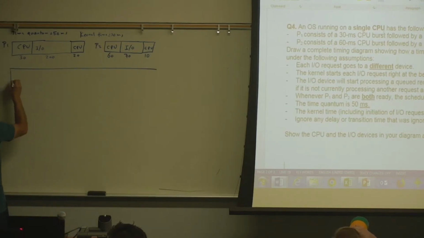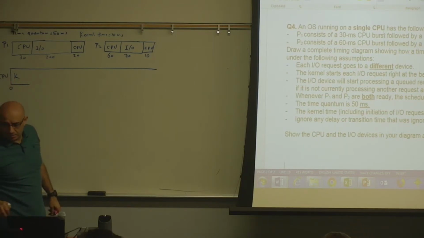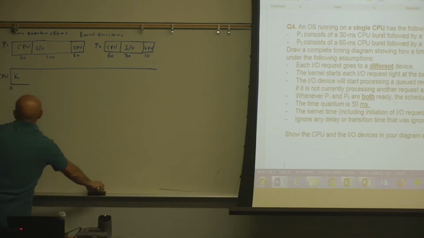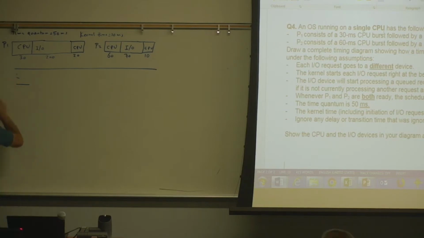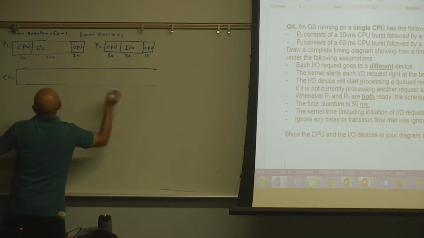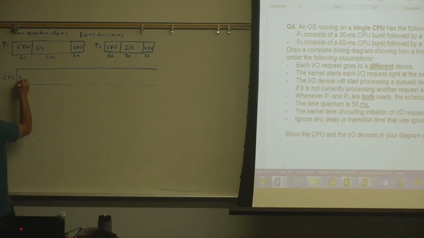Initially, we have the kernel. So at time 0, the kernel is on the CPU, and it will be there for 10 milliseconds.